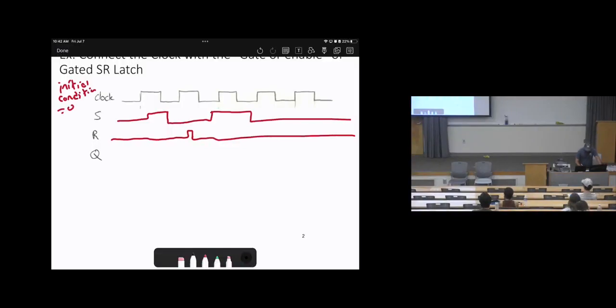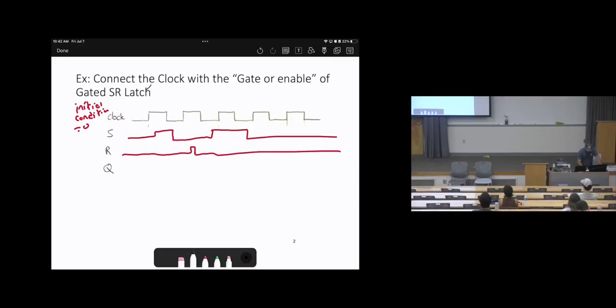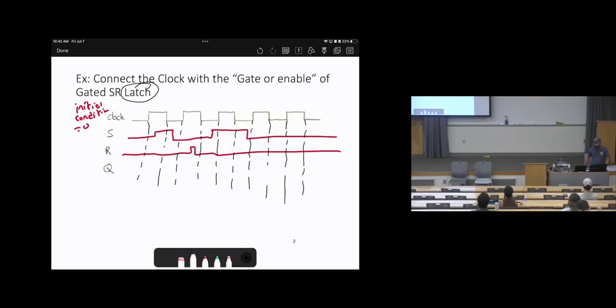So since we are dealing with a gated SR latch, you need to look at the clock edge boundaries. There is no rising edge or falling edge here because we are dealing with a latch. Okay? So start with Q equals 0.